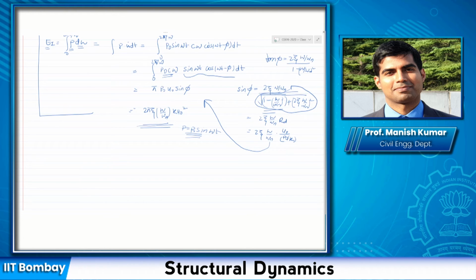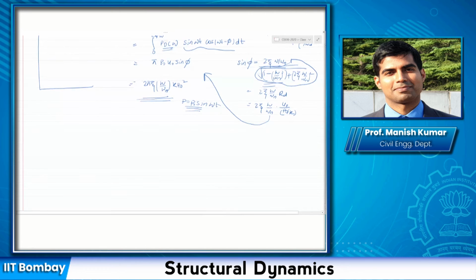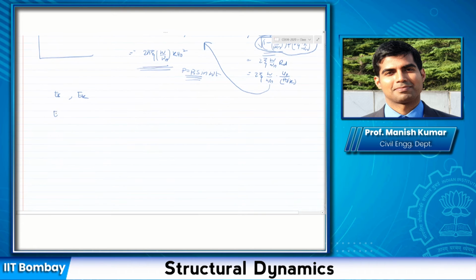So one might ask, then what happens to the spring force and what happens to the kinetic energy? Well, you can write down the expression for the spring force, and let me do that quickly. The spring force Fs times du.